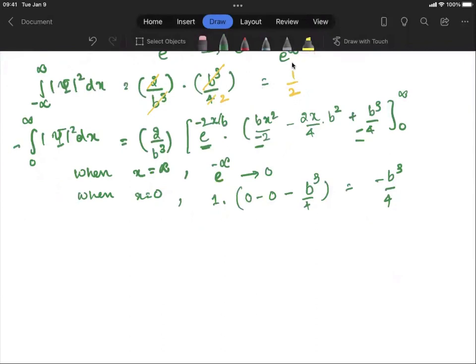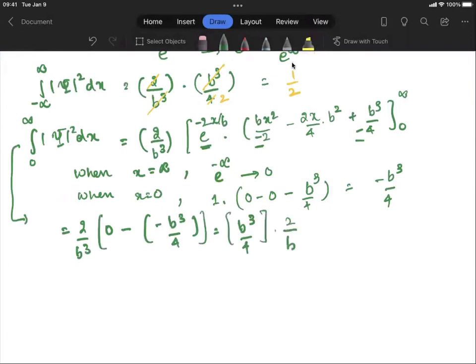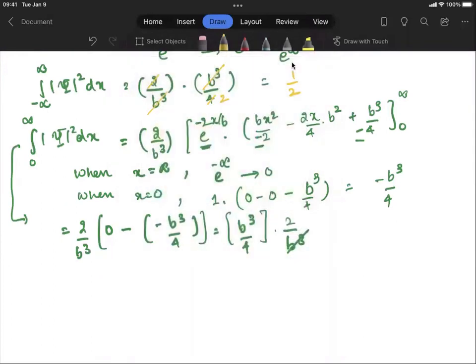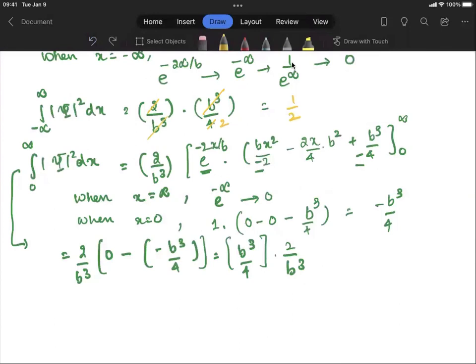So the total value of this integral is going to be, at infinity it's 0 minus, at 0 it's negative b cubed over 4. So the value is going to be b cubed over 4. I'm sorry, I actually forgot the 2 over b cubed part. Now, if we simplify this by canceling out some stuff, two ones and two twos, this is going to be half.